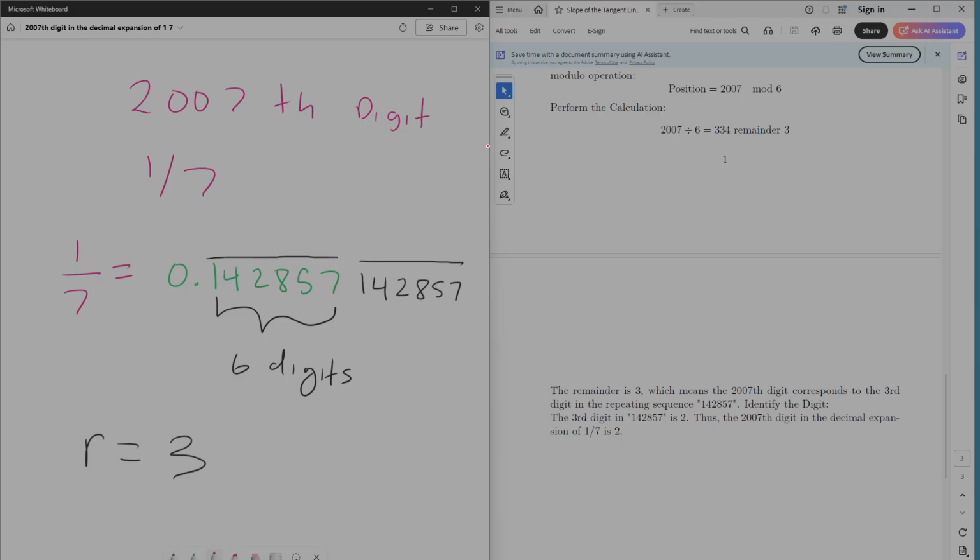The third digit is 2. So 2 corresponds to the 2007th digit in the decimal expansion of 1/7, which solves our exercise.